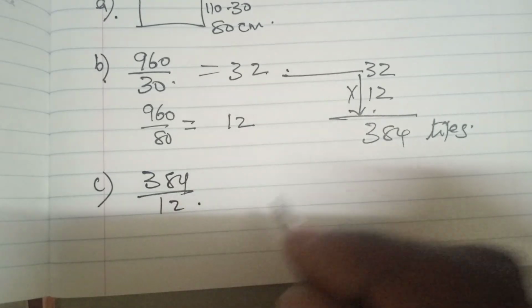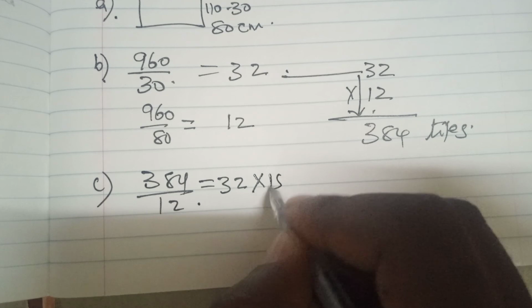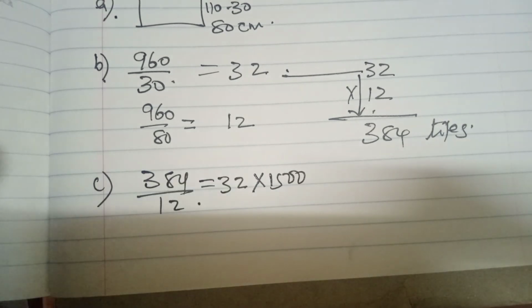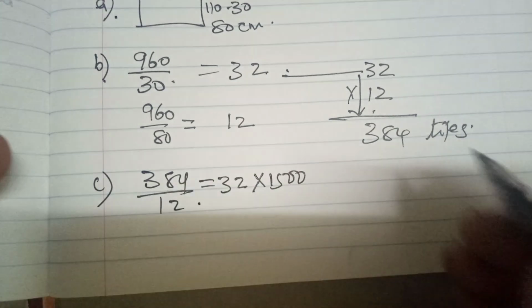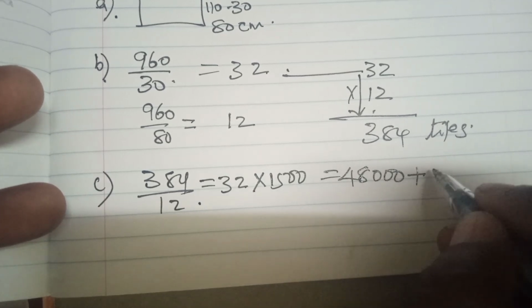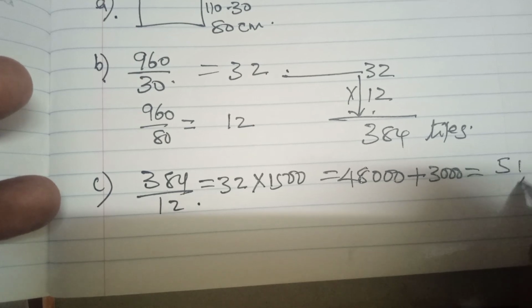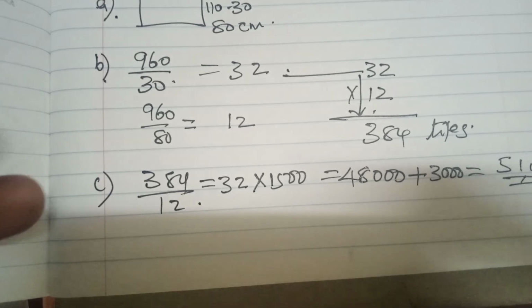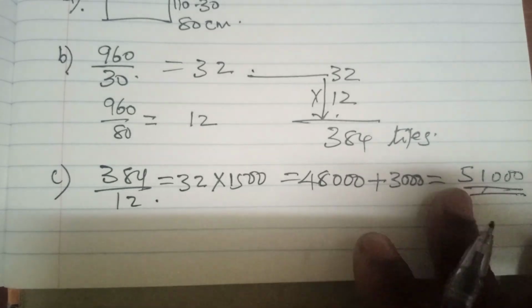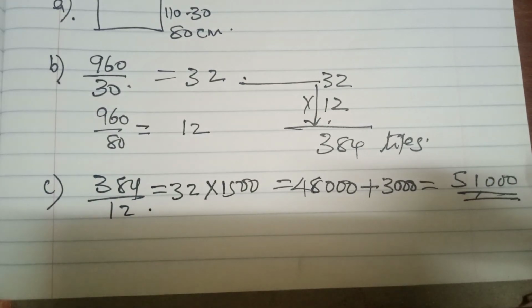So we need 32 dozens, each dozen costing 1,500. So times 1,500, you get 48,000, of course, plus the labor, which is 3,000, which is giving us 51,000. That is the cost of tiling the whole room.